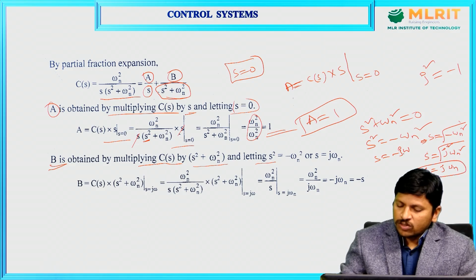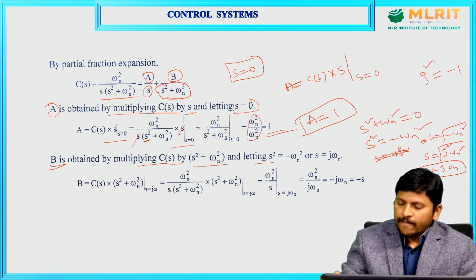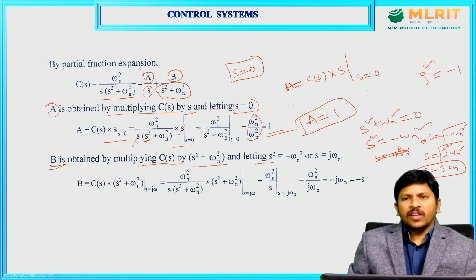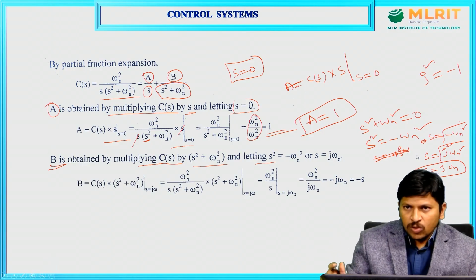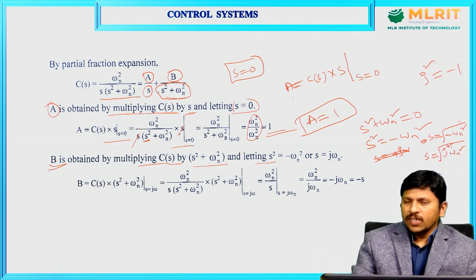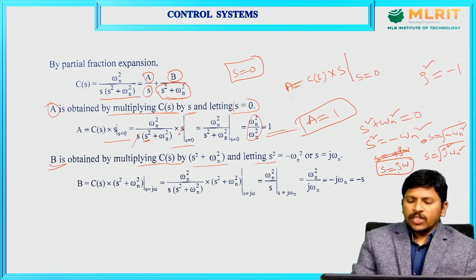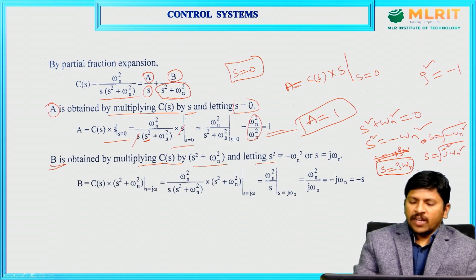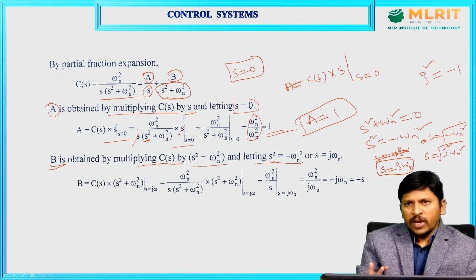Letting S equals to j omega n, substitute in that equation, or S square equals to minus omega n square, no problem, anyone.